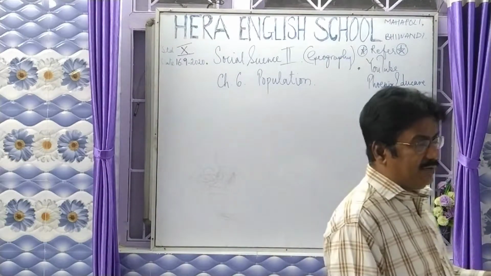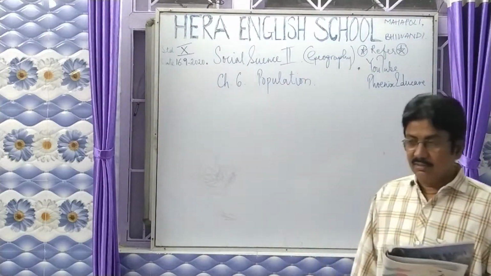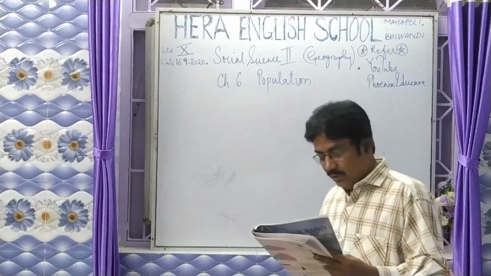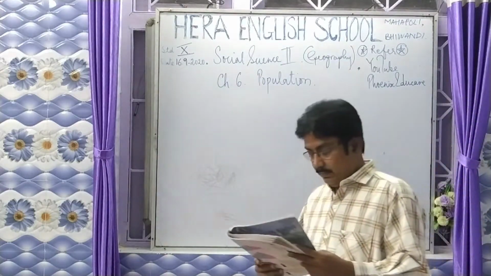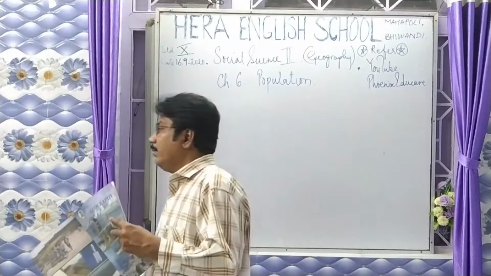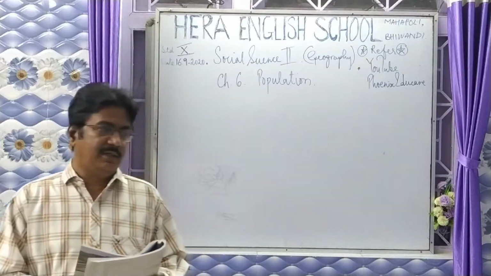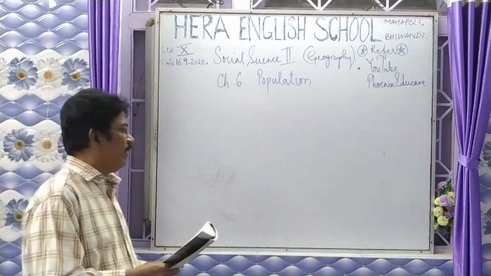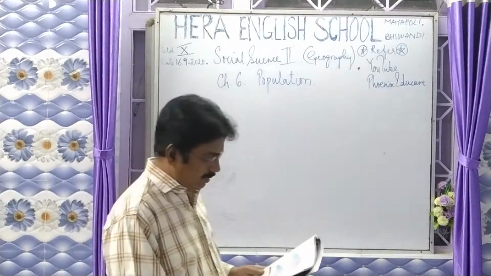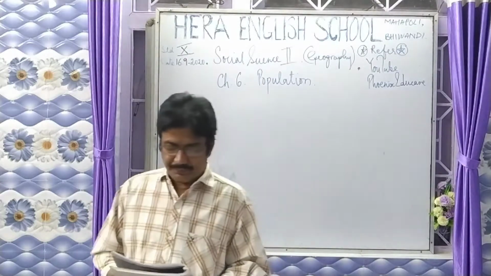It is evident, evident means proof from the graph, that the number of women in Brazil has always been more than the men, while in India they have never been more than men. That means Brazil has more females than men in the sex ratio, whereas India has more men and fewer females in the sex ratio, in that way.